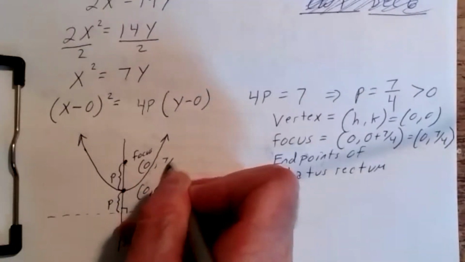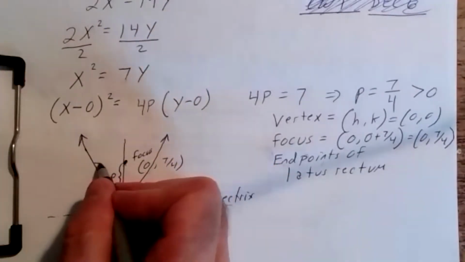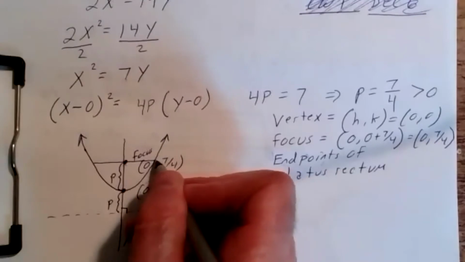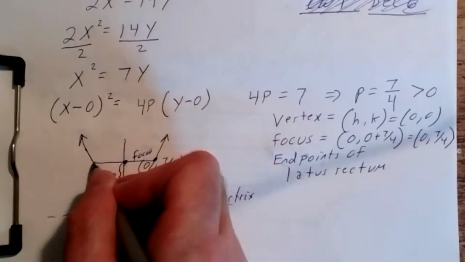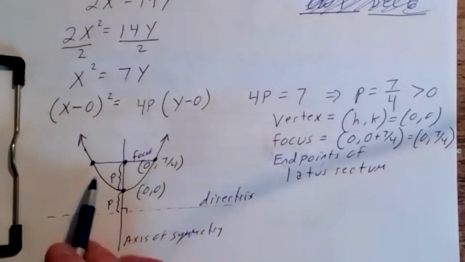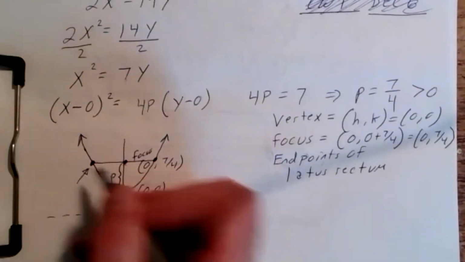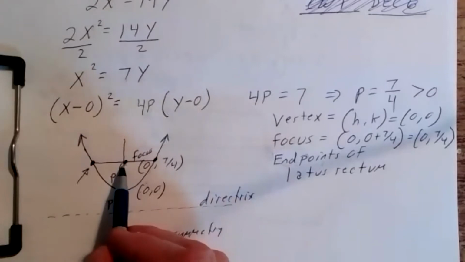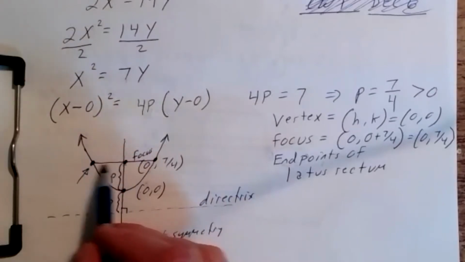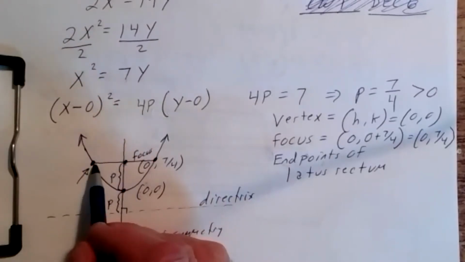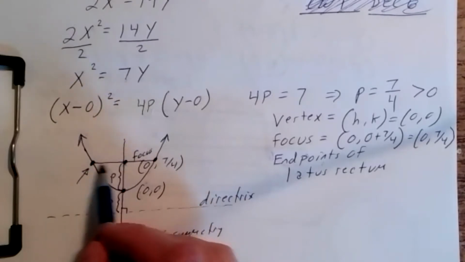(0, 7/4). Now your latus rectum goes right through the focus point and picks up 2 points on the parabola. They want the endpoints of the latus rectum, and this endpoint here. To move from the focus point to the latus rectum, what coordinate changes since you're moving along a horizontal? X. Only the X coordinate changes, not the Y coordinate.